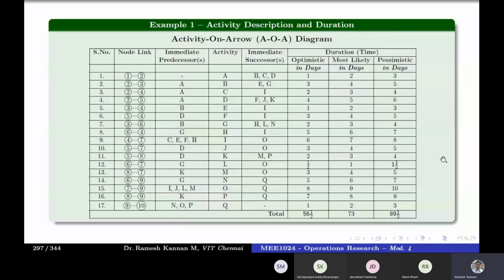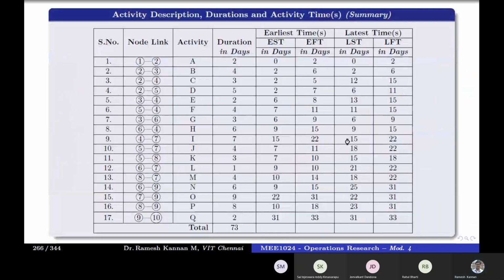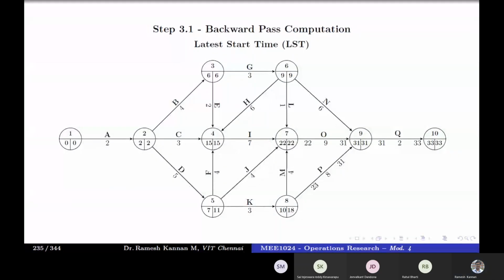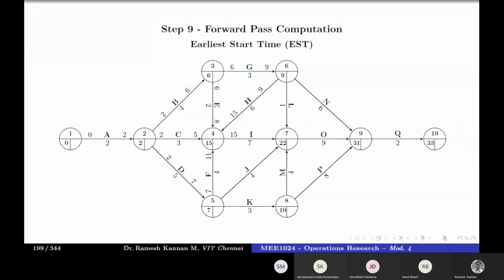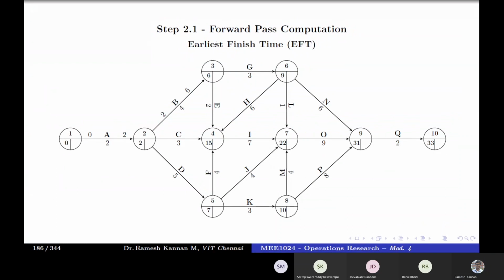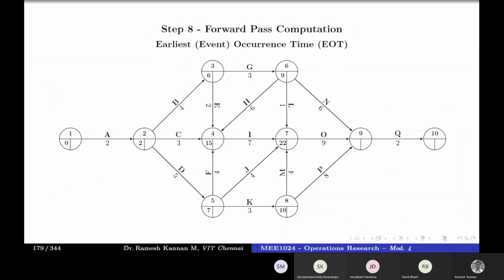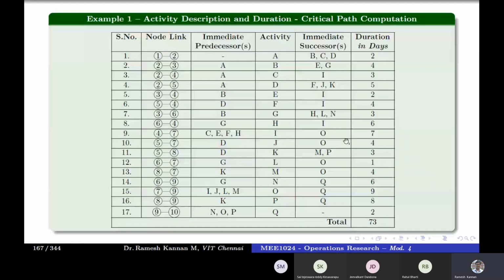And this is the problem. Actually, this is the same problem we probably encountered in CPM. The most likely times are all the same as in CPM, the 73 days. Just go back to CPM. If you see the 73 days in CPM, it's all the same, 2, 4, 3, 5.